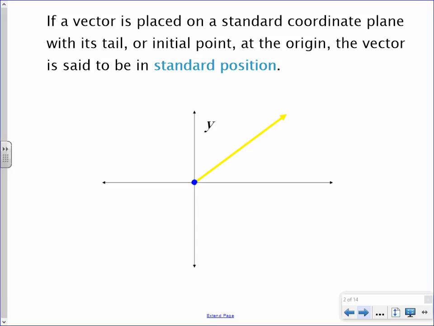So when we draw a vector, we start at an initial point. And then the arrow that you have here, it ends at the terminal point. When that initial point is at the origin, we say that our vector is in standard position. Okay? And we are going to imagine our vectors in standard position.